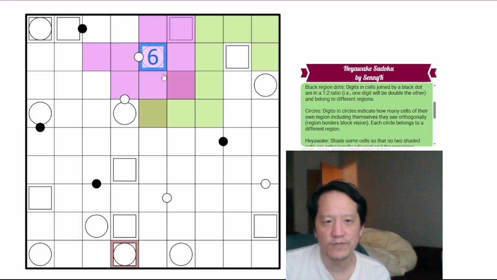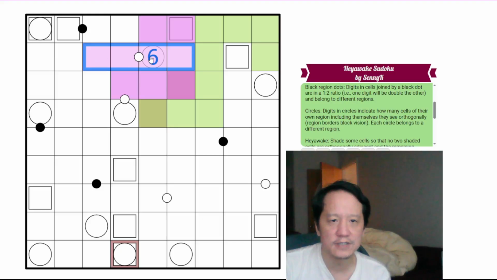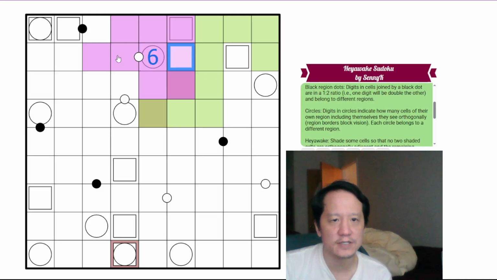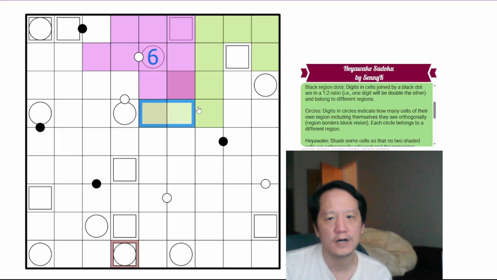So this would be valid because it sees 6 cells in its, well, it can't be that one, but I guess it would be that one, because each circle belongs to a different region. So there's one circle per region. This sees 6 cells, it sees itself, it sees 2, 3, 4, 5, 6, and it's blocked by other region borders.